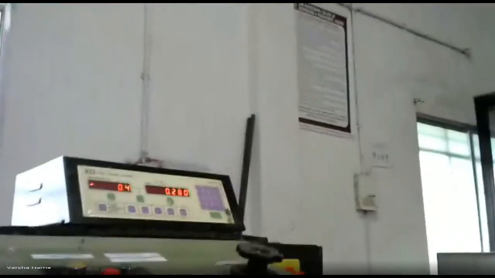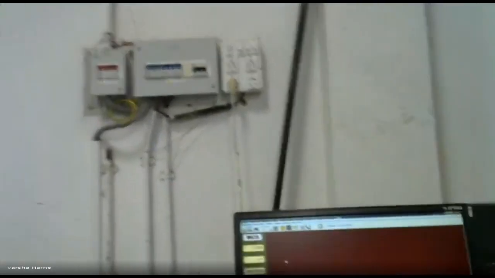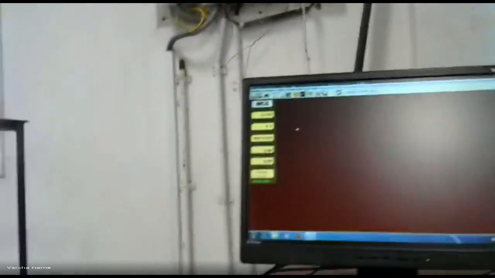So again the computerized machine is there. We have already studied that. Then we have to put the input parameters in the test using the same software.